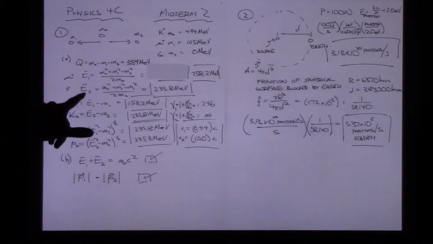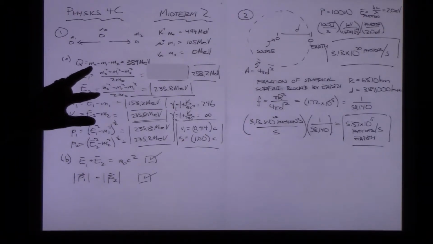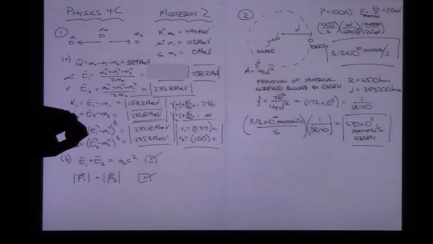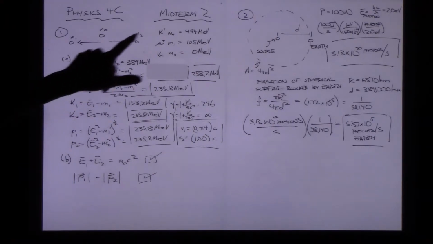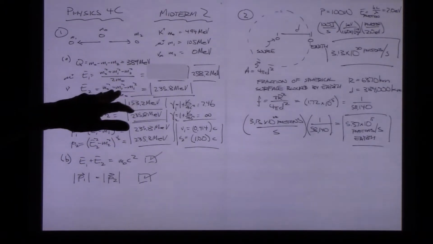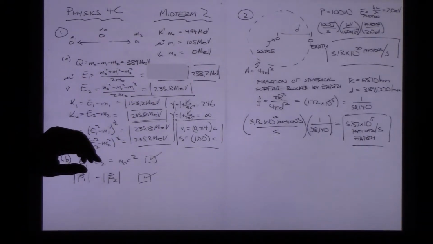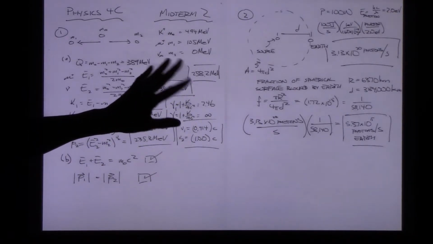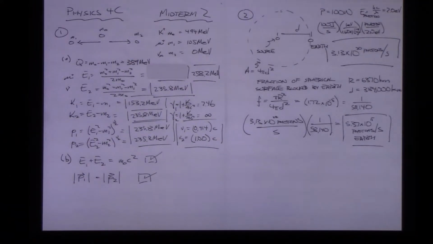Now I went back and I just used formulas that we had derived, and notice the problem did not tell me I had to derive the formula, so I'm going to go ahead and use this formula that we've worked from before. Plugging the masses in, getting all the masses straight. One of them is 0, so that's just going to zero out parts of these formulas. I ended up with almost evenly balanced energy, so that's kind of interesting.